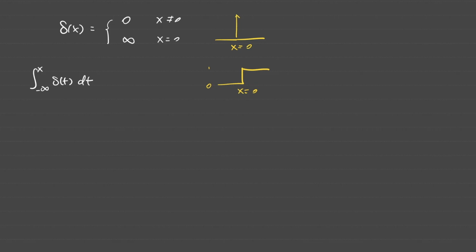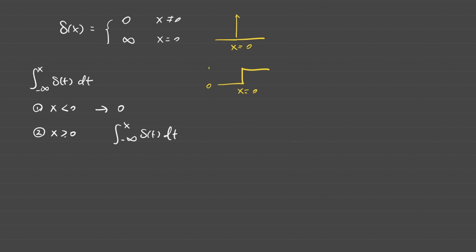So in the first situation, when x is smaller than 0, this integral will give us 0, right? Because the delta function takes 0 values for x smaller than 0. Okay, now for the second case, x greater than or equal to 0. This integral can be broken apart, right?